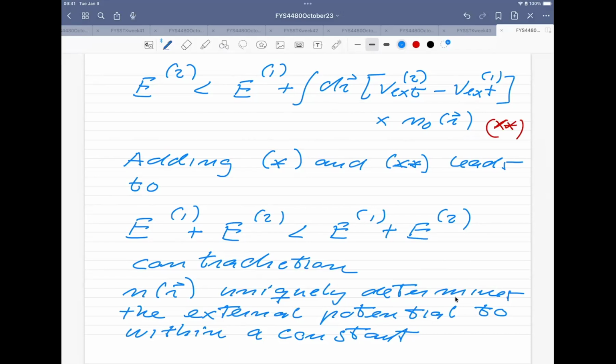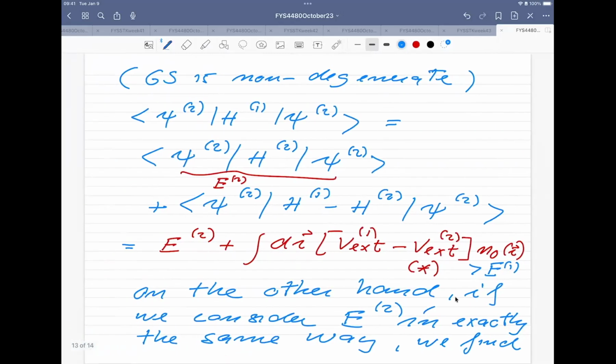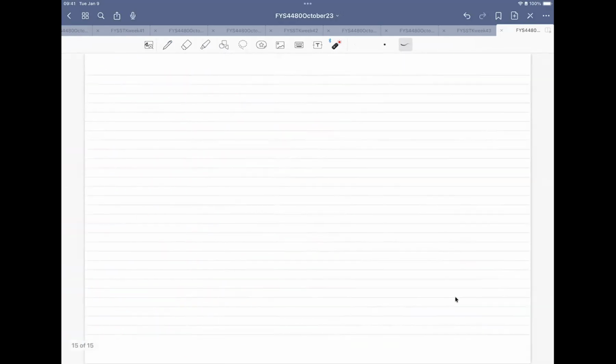So you demonstrate it by showing the opposite, that if that's not the case, then you end up with a contradiction. Okay? Because in the proof here, what we did was simply to assume that these two wave functions correspond to the same density. Okay?